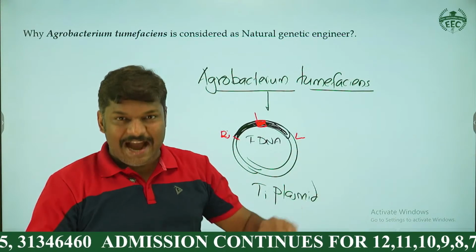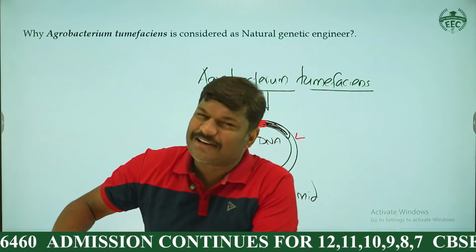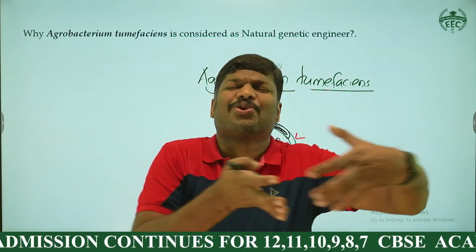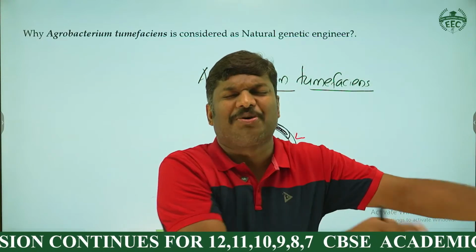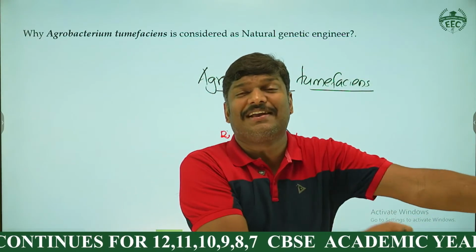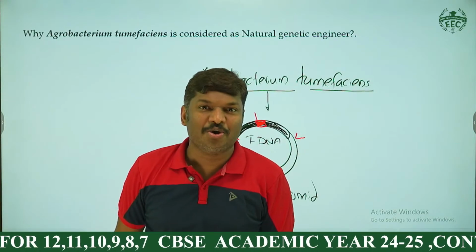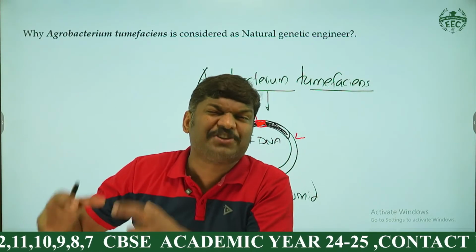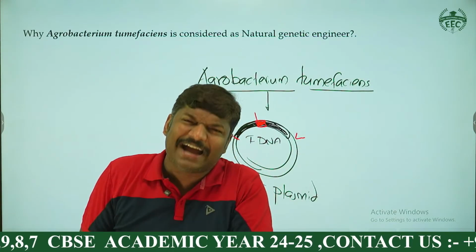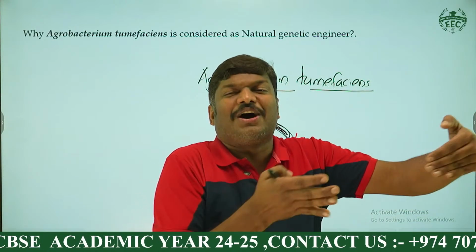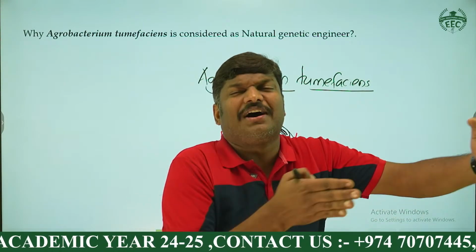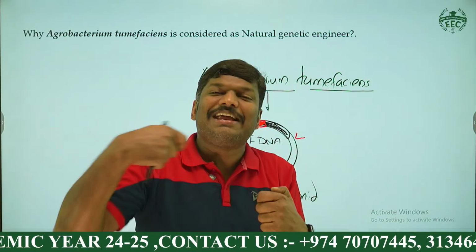So that's why Agrobacterium tumefaciens can naturally enter into the host plant, the dicot plant, by carrying a foreign gene.